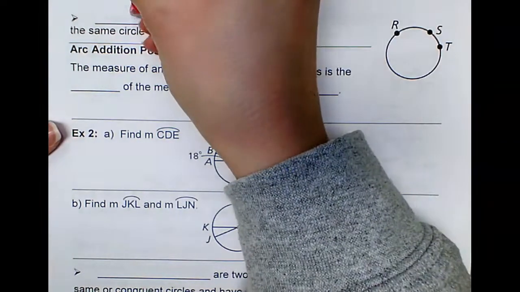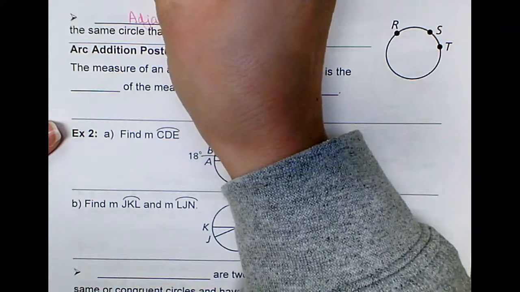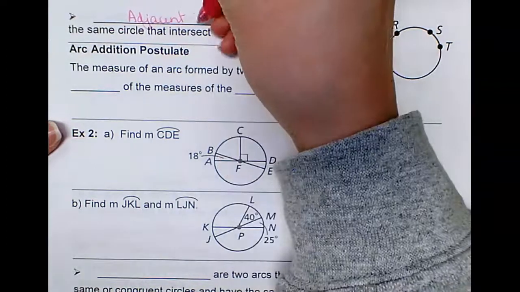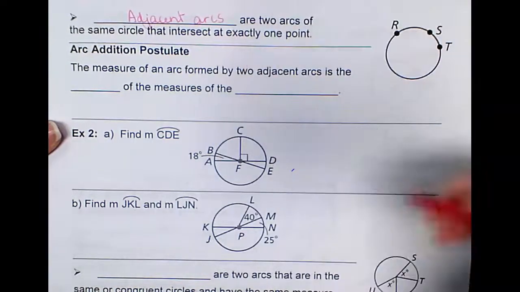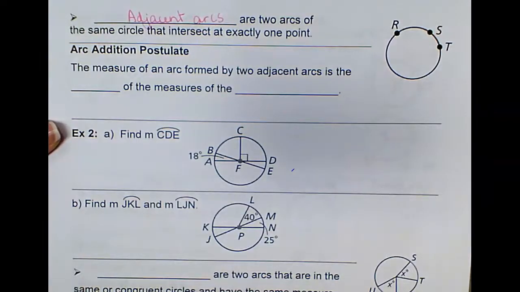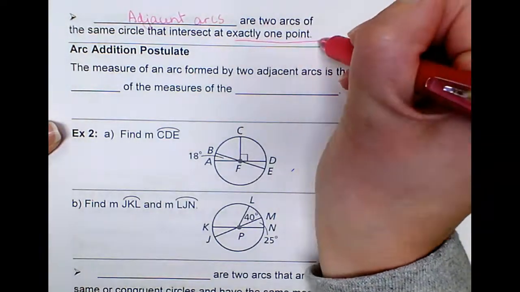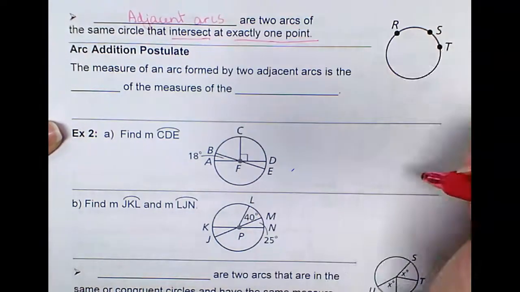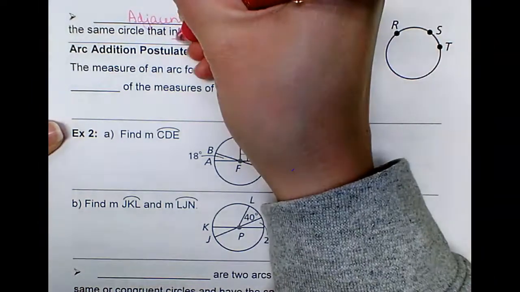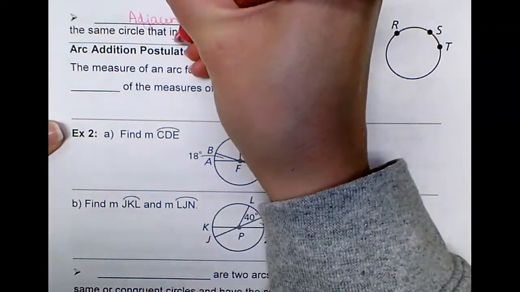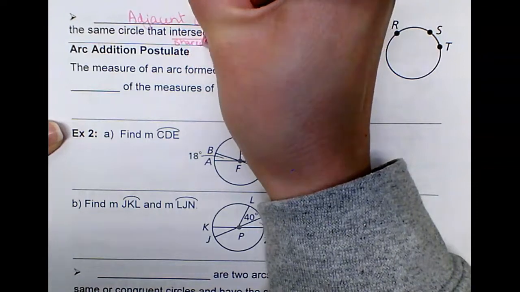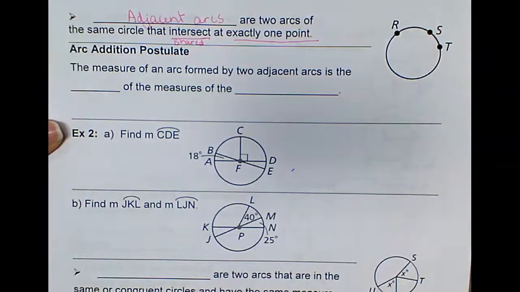So the term adjacent arcs means two arcs of the same circle that intersect at exactly one point. And when we talk about intersect, we don't mean cross, we mean share. So the point that they share, that's what intersection means.